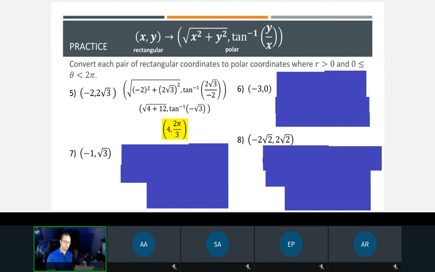Now, because that's quadrant 4, and the original problem's coordinate is in quadrant 2, you have to rotate from that point 180 degrees, clockwise or counterclockwise, doesn't matter. If you rotate that half a rotation, it puts you at 2 pi over 3.